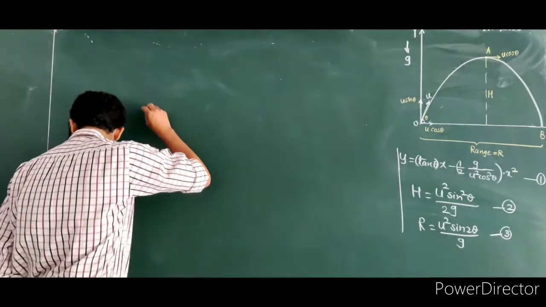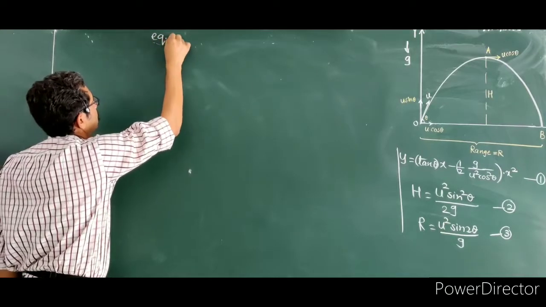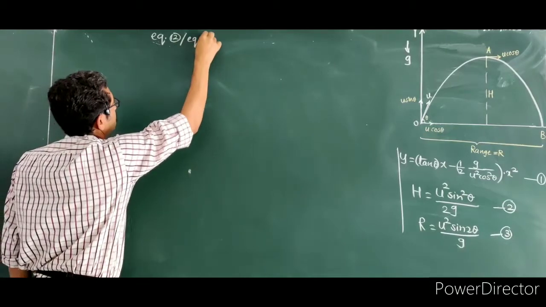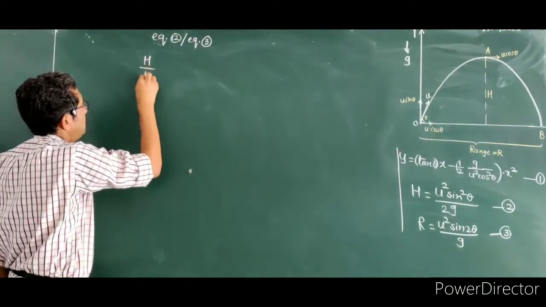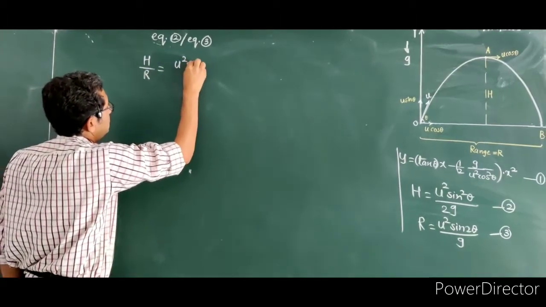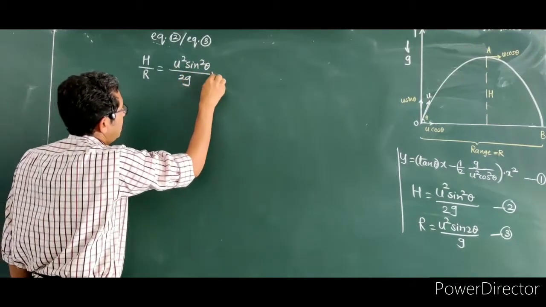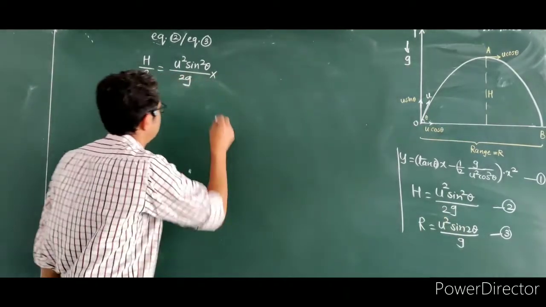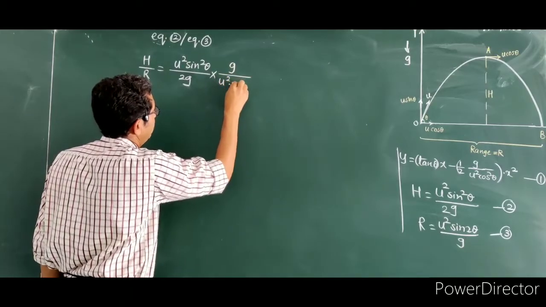So equation number 2 divided by equation number 3 gives me h divided by r is equal to the value of h, which is u squared sine squared theta upon 2g, divided by r, that is the product with the reciprocal, equal to g divided by u squared into sine of 2 theta.